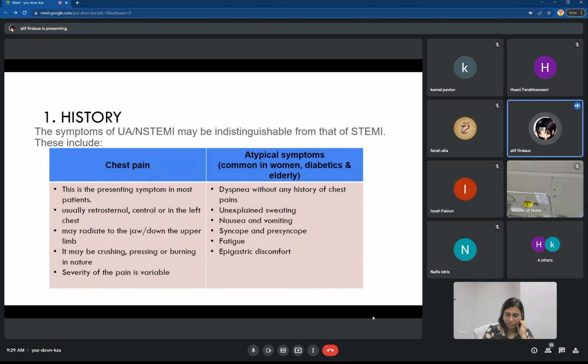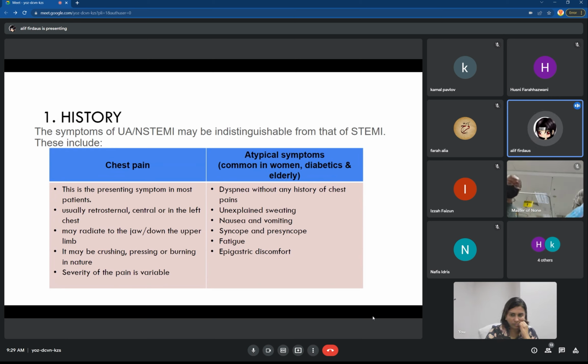The chest pain is usually retrosternal, central, or on the left chest. The pain may also radiate to the jaw or to the upper limb. The nature of the pain is usually crushing, pressing, or burning, and the severity is variable from one person to another.